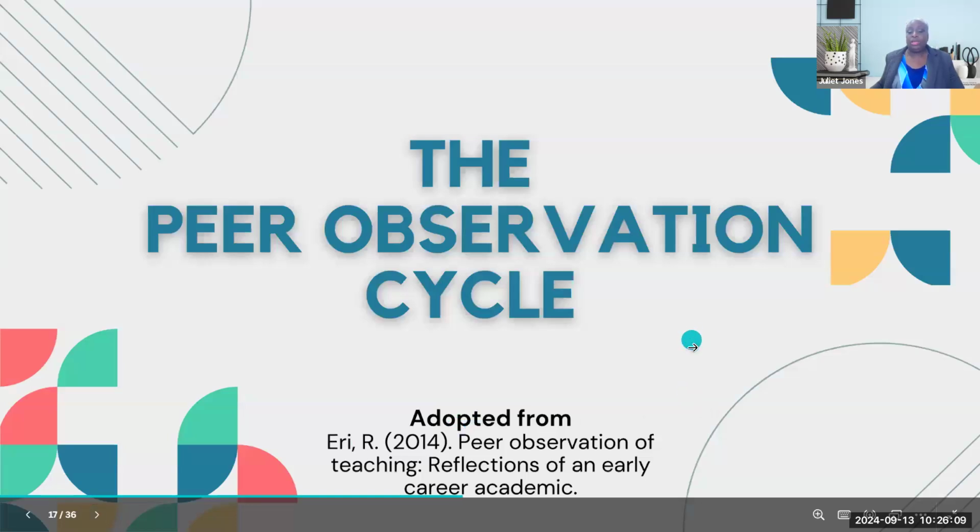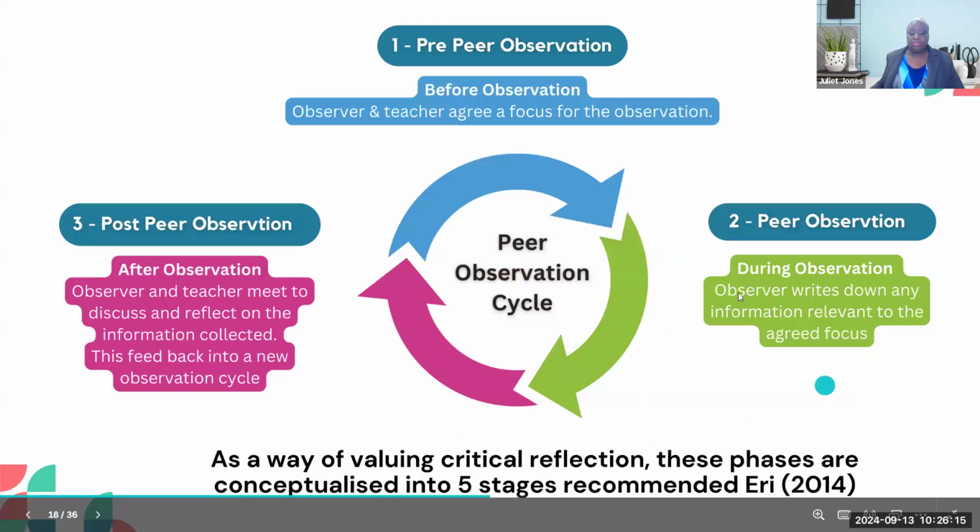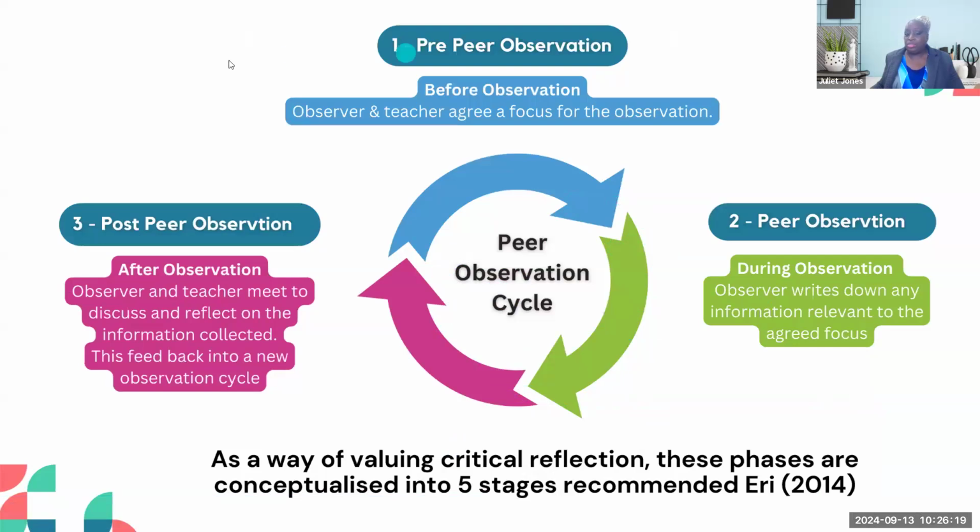So we were talking a little while ago about theoretical perspectives, models. So there's a peer observation cycle. We're looking at the process now. First step, pre-observation. Then you go to the actual peer observation. In this first stage, the observer and teacher agree on a focus for the observation.